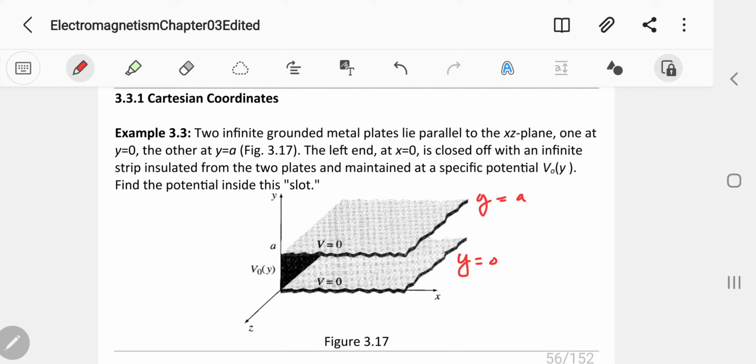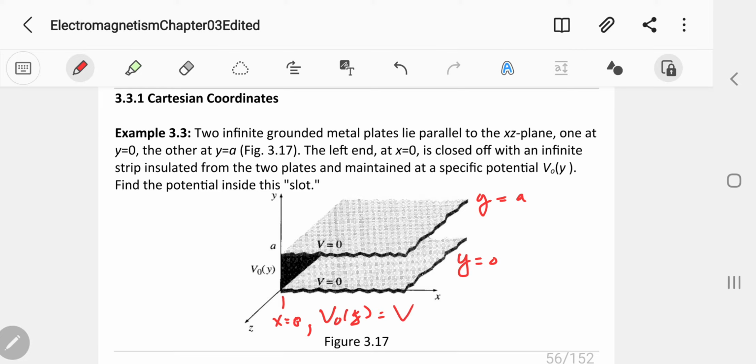The left end, at x equal to 0, is closed off with an infinite strip insulated from the two plates and maintained at a specific potential V0 of y. This is the potential there.